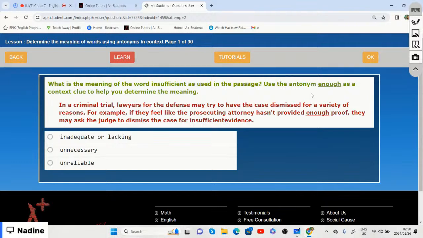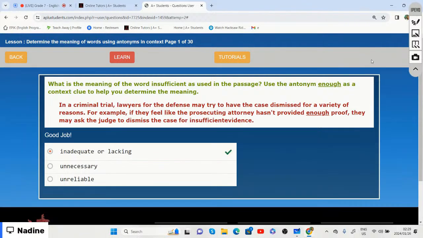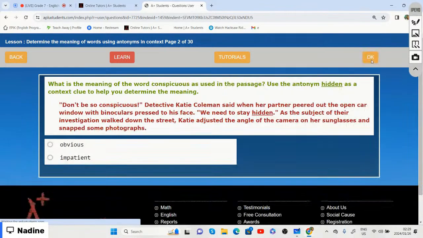The opposite of enough means inadequate or lacking. So if it's not enough, then you are lacking or it's inadequate, right? Because enough means plenty, it means a lot.